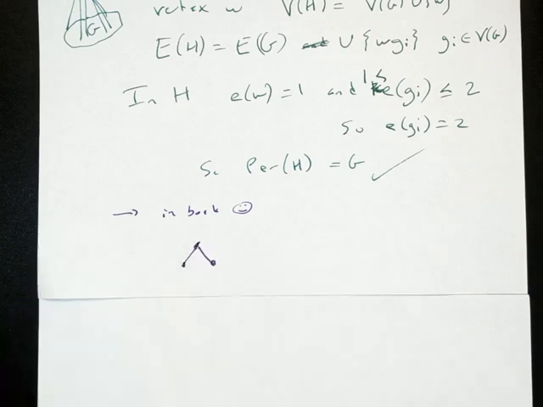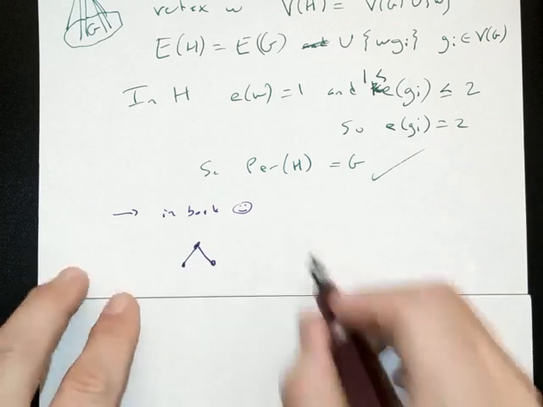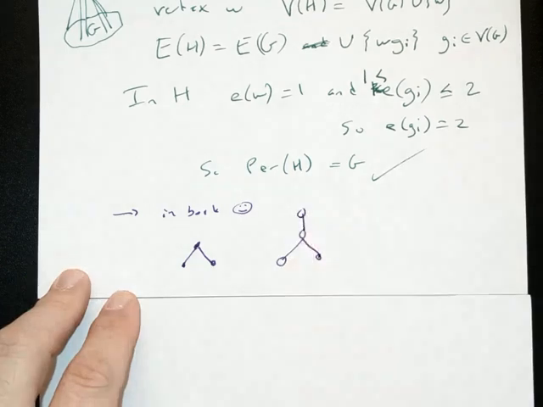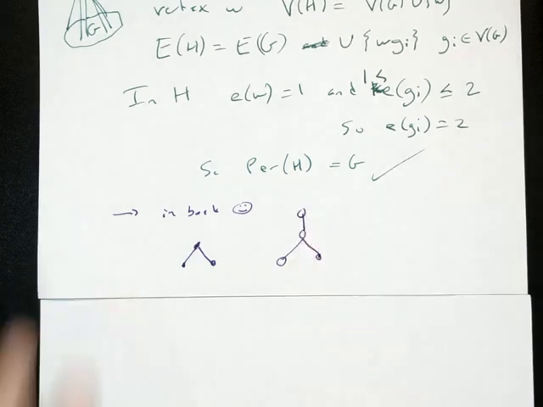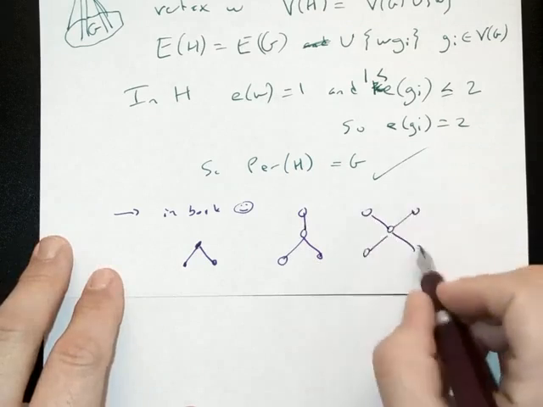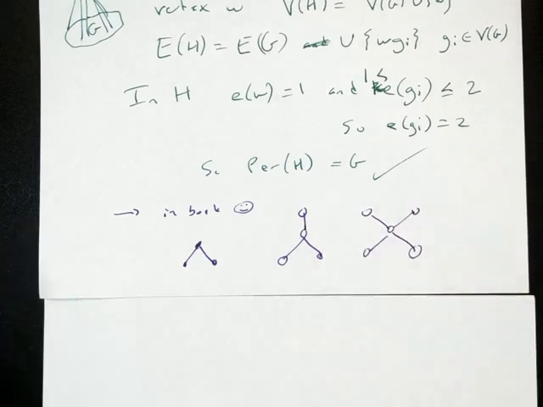Binary tree, right? I think I'm drawing them wrong. Let's draw this one like this.